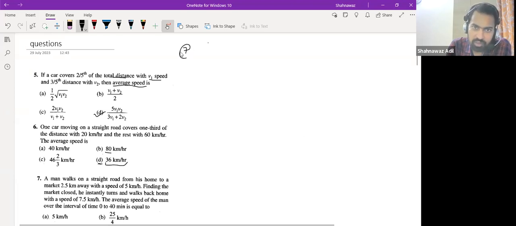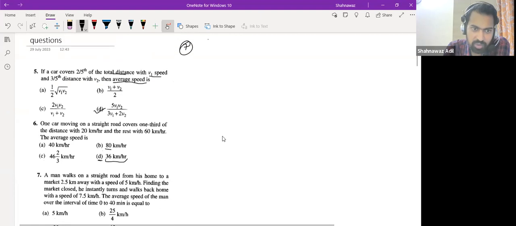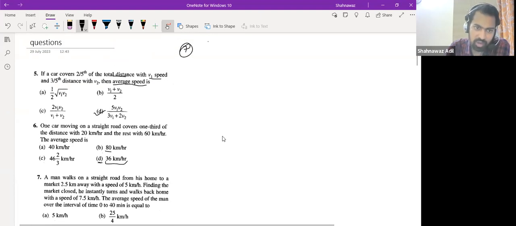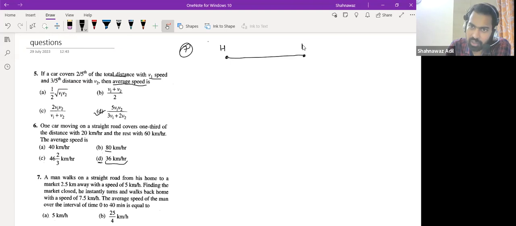So the seventh one: a man walks on a straight road from his home to a market 25 kilometers away. So let's say this is home and this is the market, right? The distance between home and market is 2.5 kilometers. When he goes from home to market, he goes at, let's say, 5 kilometers per hour.